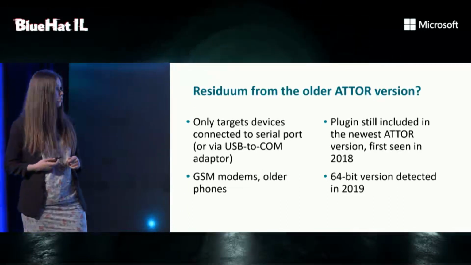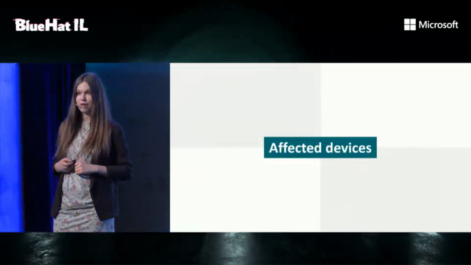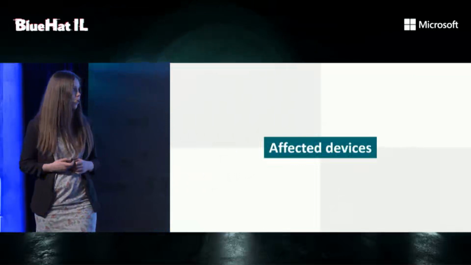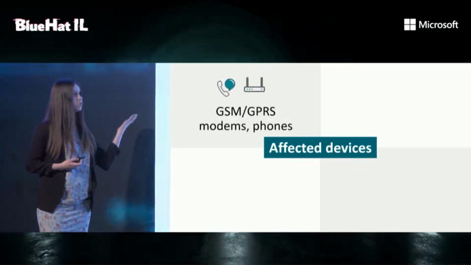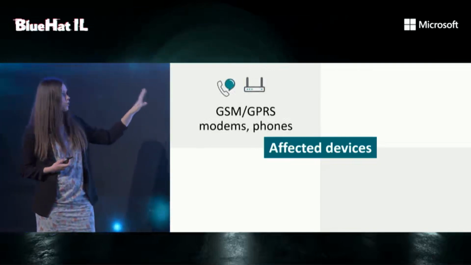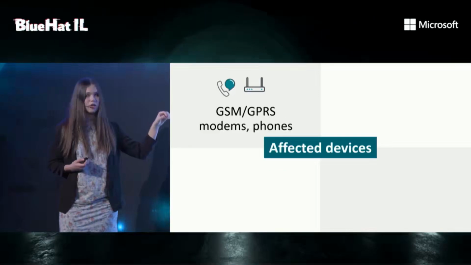And so there are different theories and different kinds of devices that could be affected by this malware. So first of all, obviously, it's the modems and older phones, which can be both connected by serial ports and support AT commands.